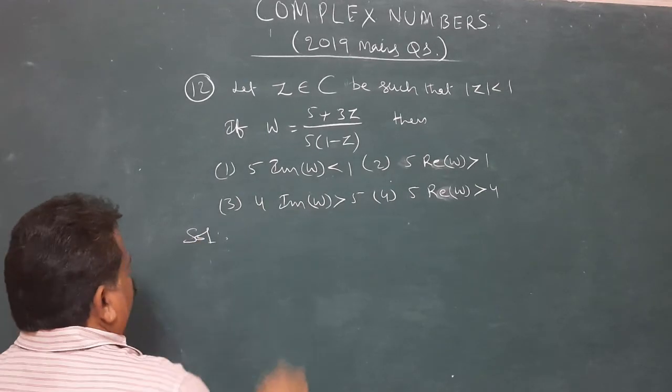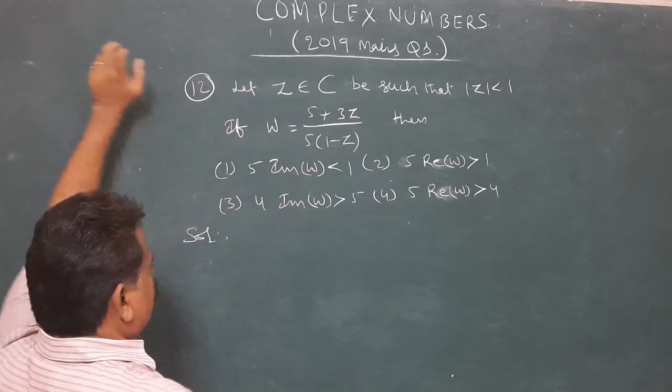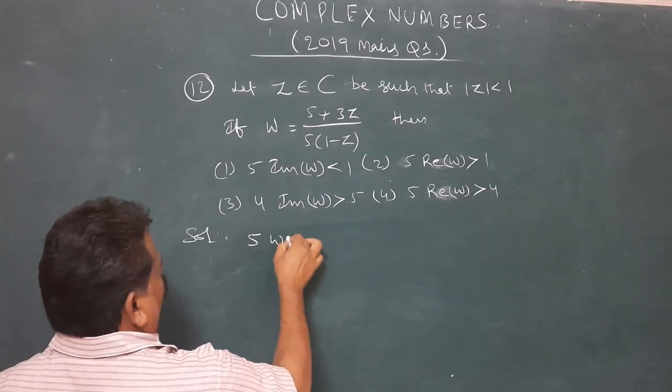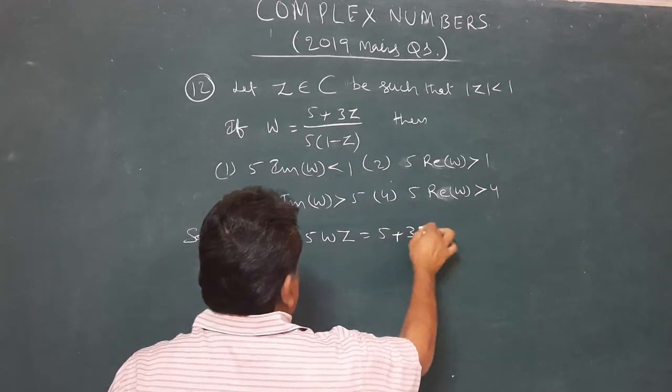Solution. By cross multiplication, here z is a complex number. By cross multiplication, w − 5wz equal to 5 + 3z.